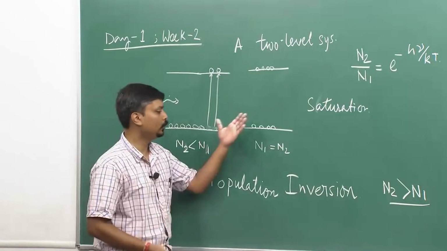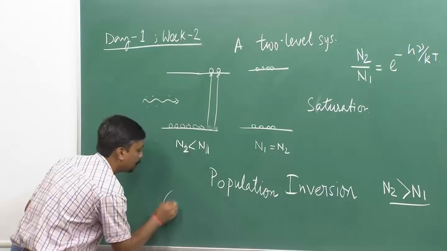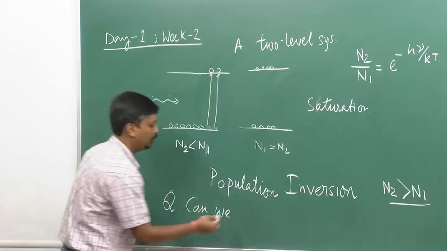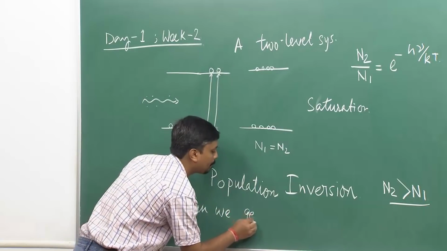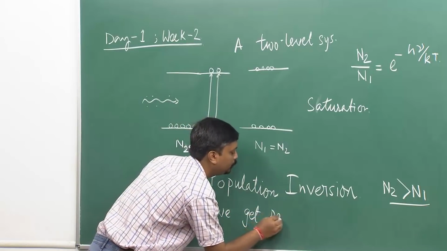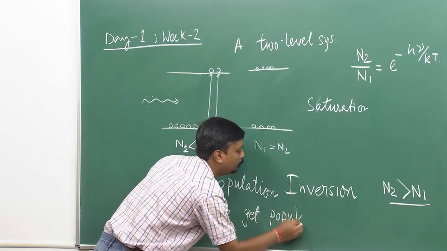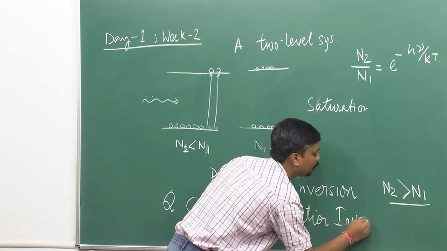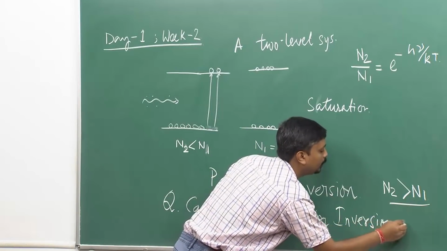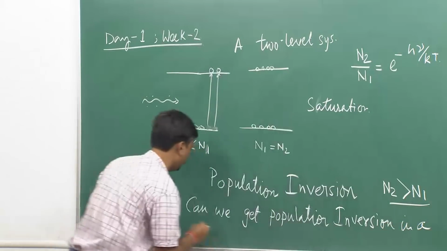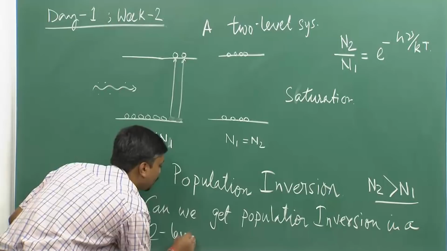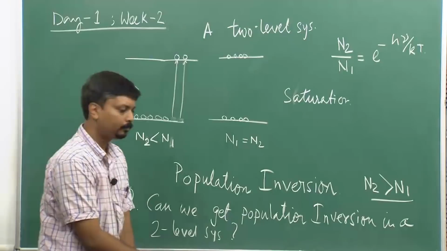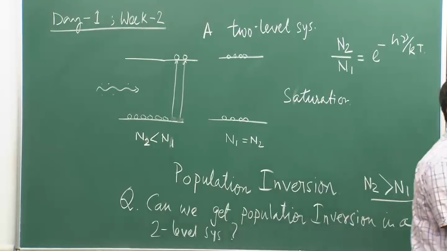So, the question is, can we get population inversion in a 2-level system? That is a question and we will try to answer that.